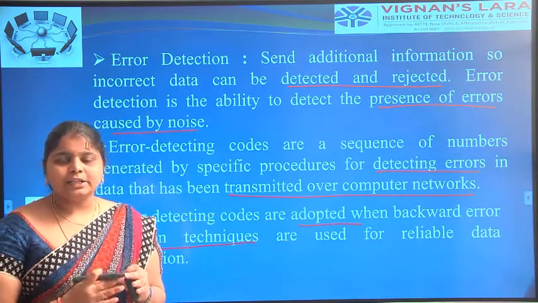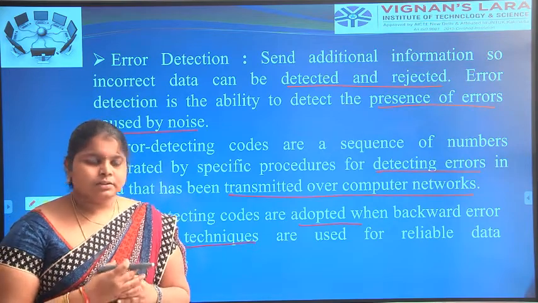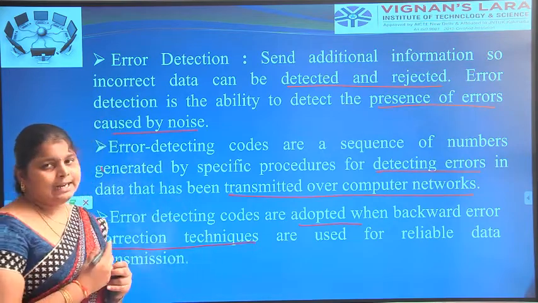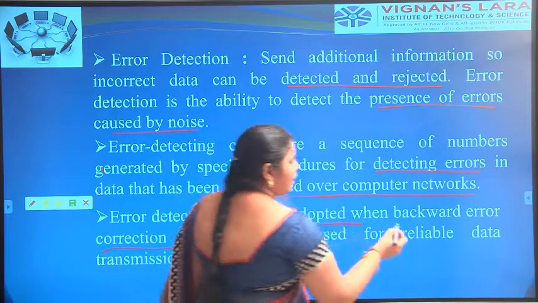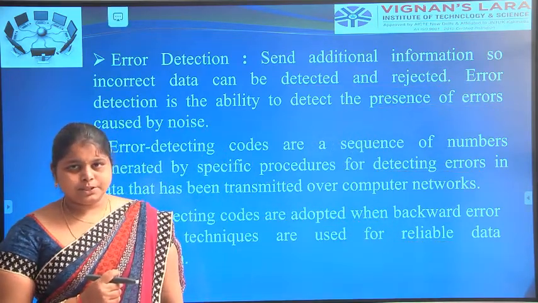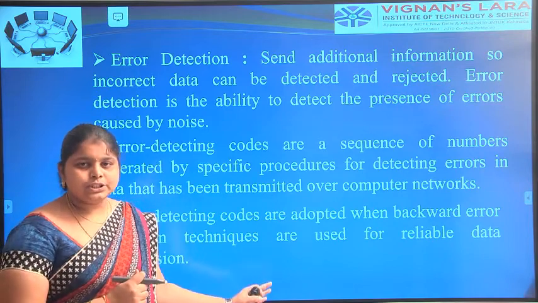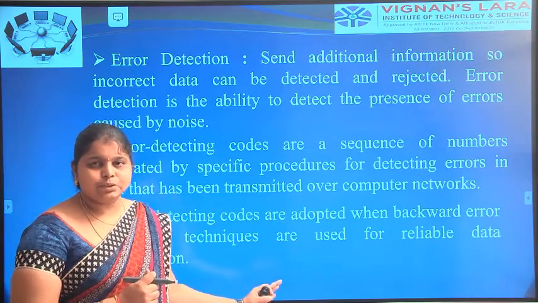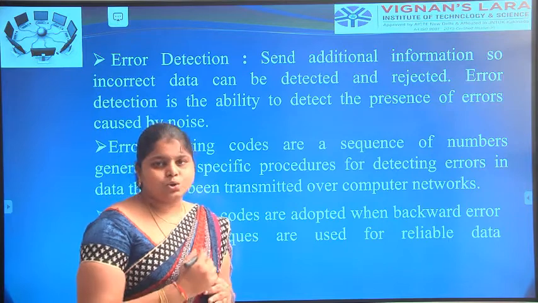we have some techniques to modify that data. These make for reliable data transmission. Reliable means the quality and performance of data transmission. Through the communication channel, data is transferred from sender to receiver, or source to destination.